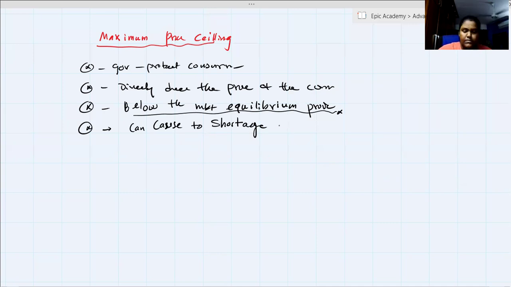What will happen in this position? The quantity demanded takes a greater value than the supply. That means the supply amount is not enough to fulfill the entire market demand. Shortage can occur here. And finally, the price of the commodity can increase more than expected. We call it the black market price.